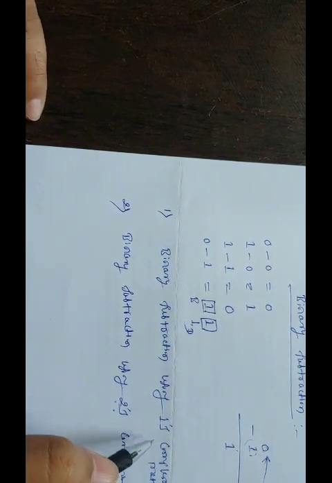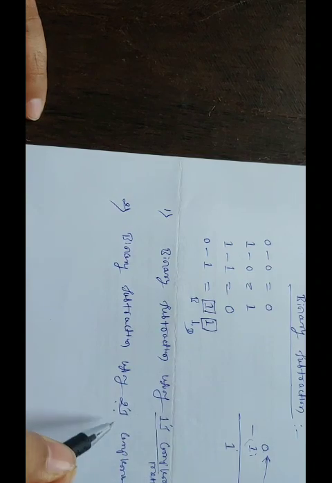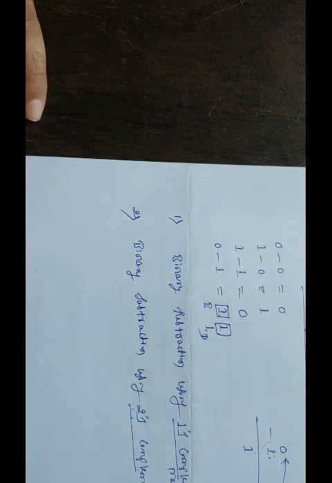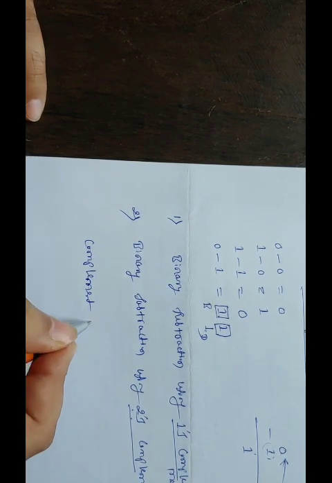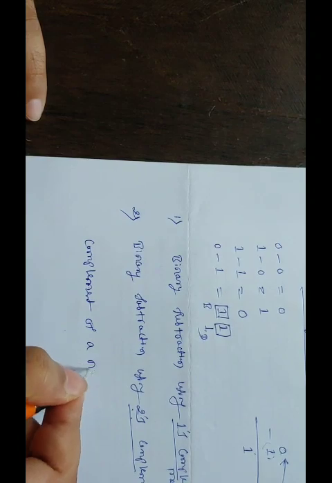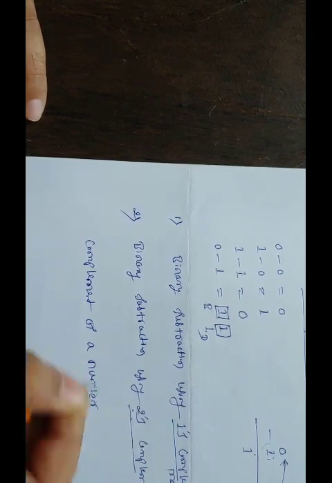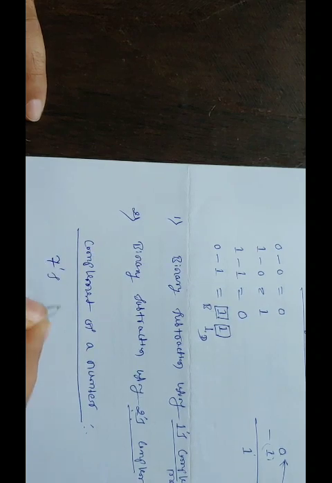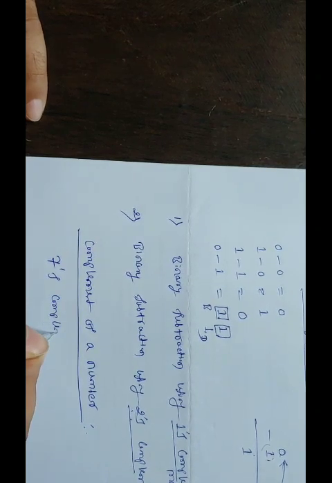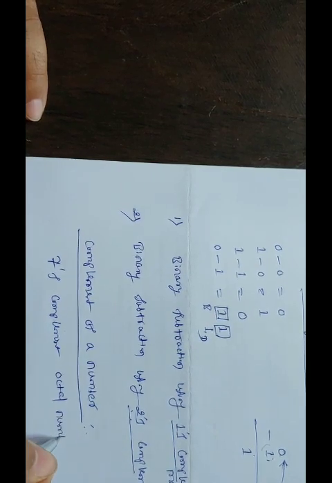Next the question arises: what is 1's complement and what is 2's complement? Suppose the complement of a number. If you want to take a 7's complement, I am talking about 7's complement, that means it happens in octal number system.